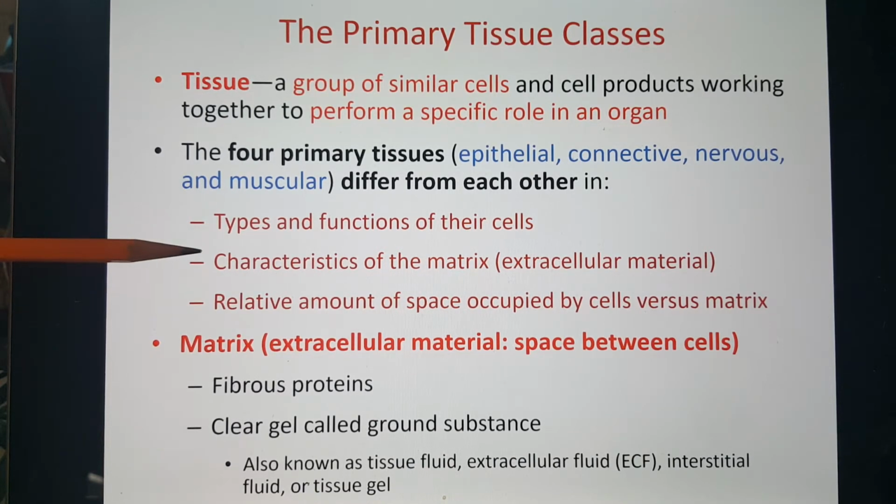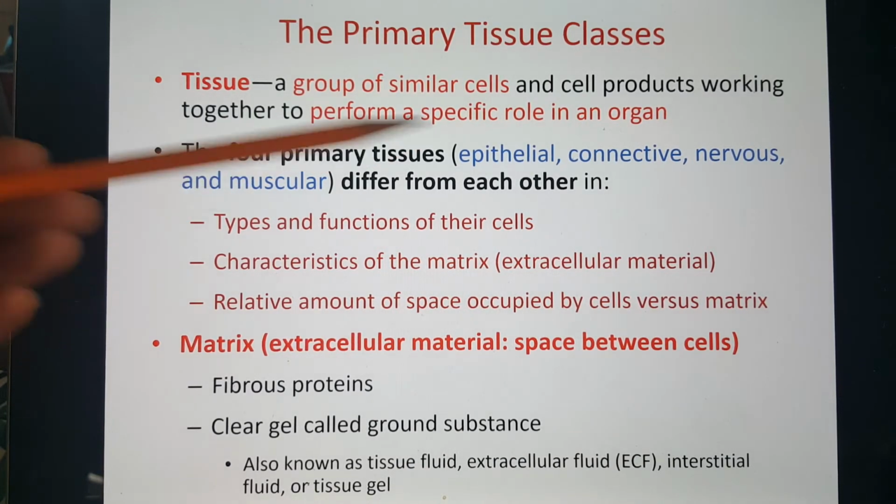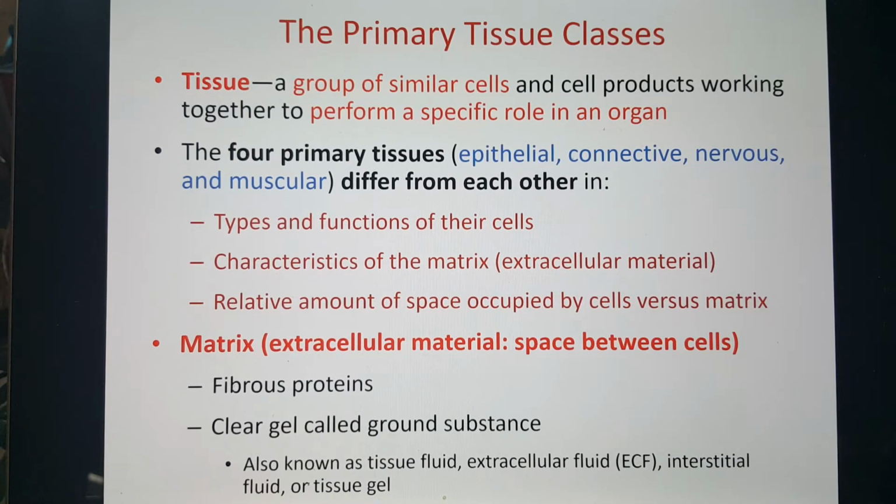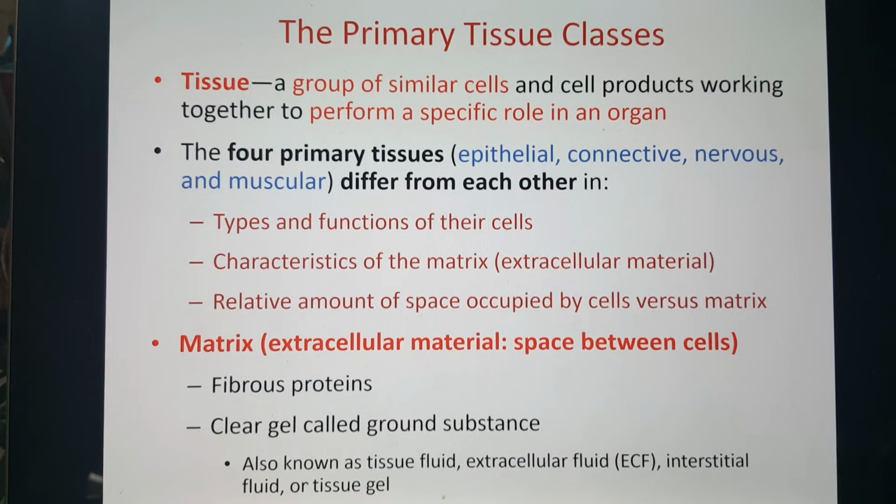The matrix between them is different. So epithelial, pretty much very little space in between the cells. Connective actually has actual extracellular material, just more than just fluid. So you might have different strands of proteins that are there to fill in the space and provide some structure.